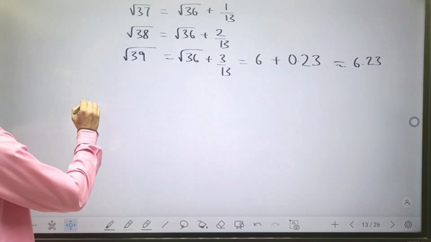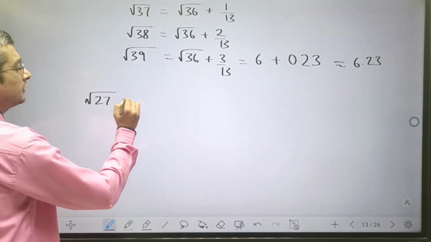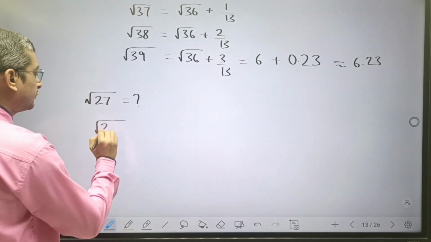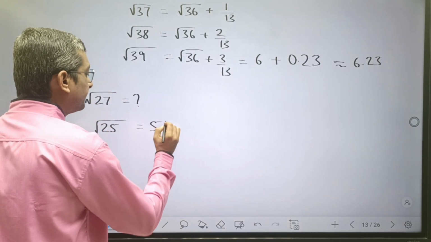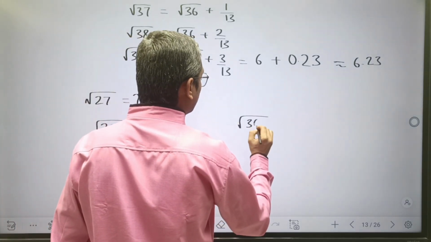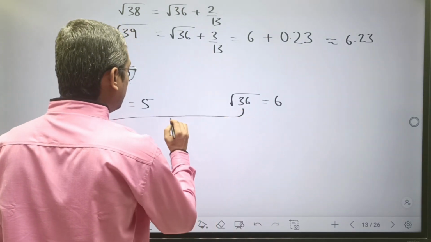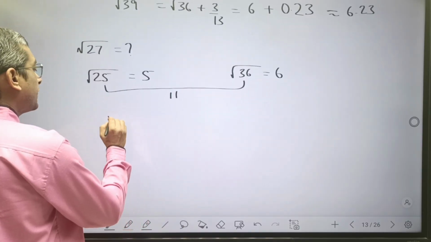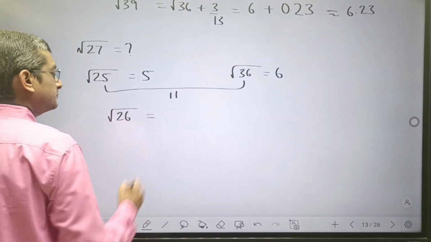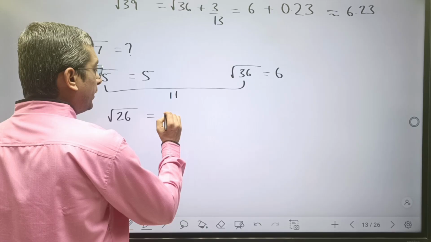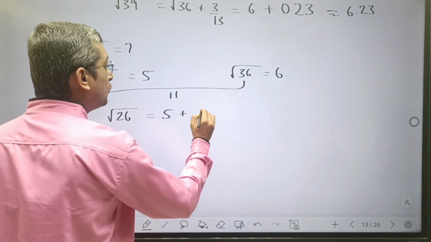Similarly, suppose for example you need to find root 27. So what you do, root 25 is equal to 5, and just after it root 36 is equal to 6. The difference between the two is 11. If you wish to find root 26, then this will be 5 plus 1 by 11.